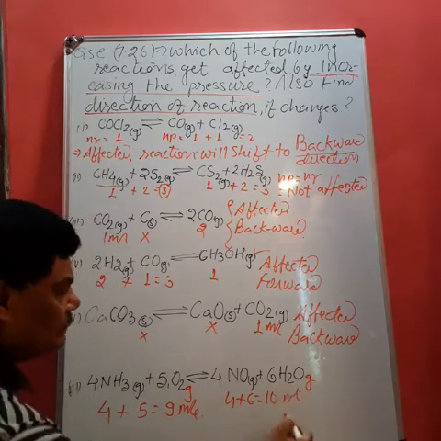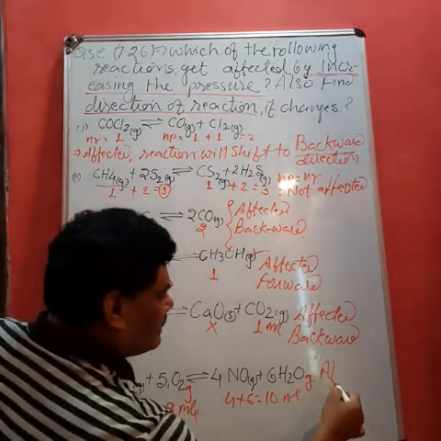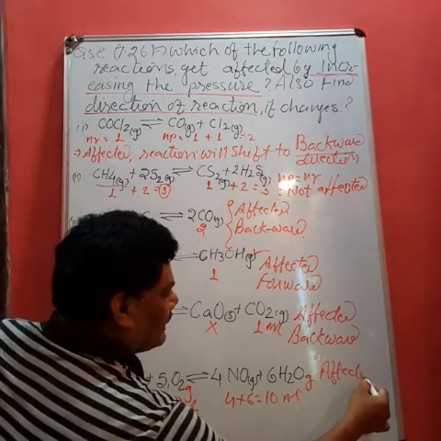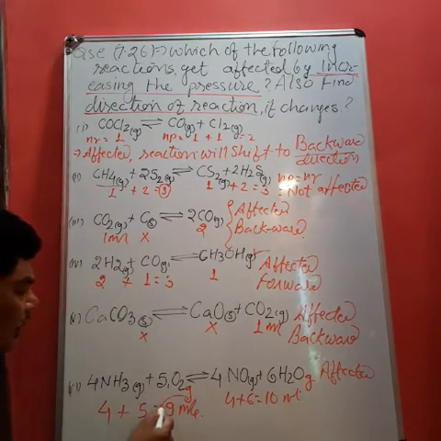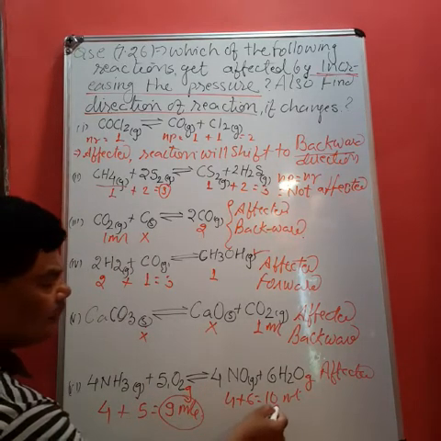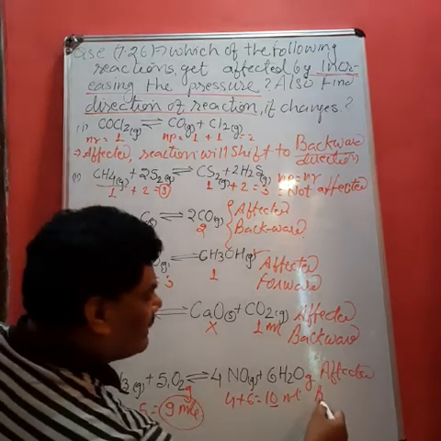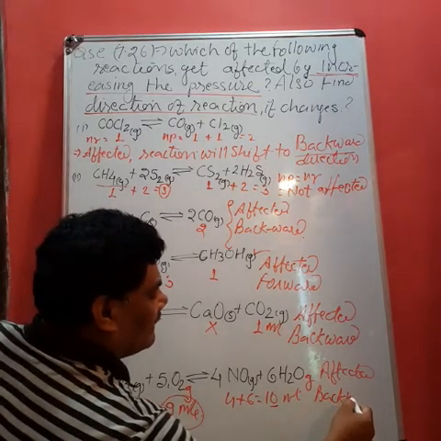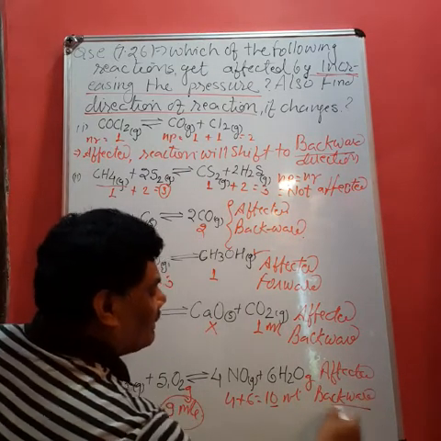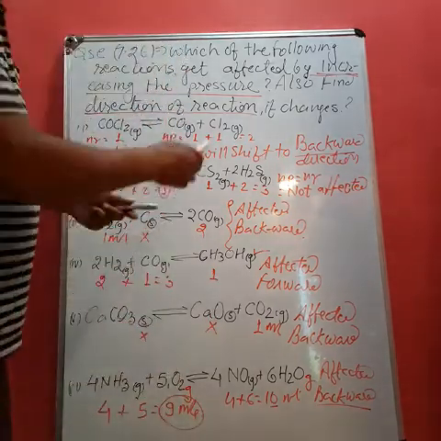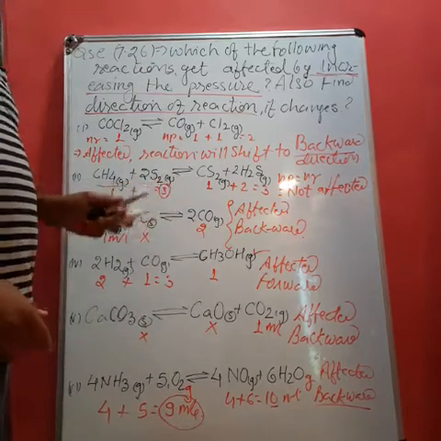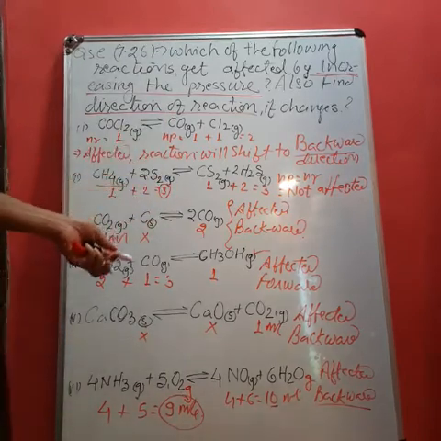So on increasing the pressure, the reaction is first getting affected, and the direction will be where the lesser number of moles is. So 9 moles is less as compared to 10 moles. Therefore, we can write the answer: the reaction will shift to the backward direction. Students, along with it, you can also write the explanation of each and every answer when you prepare the notes.